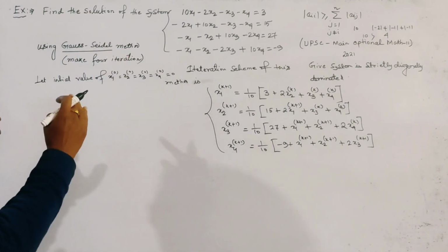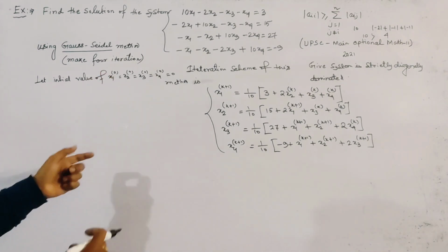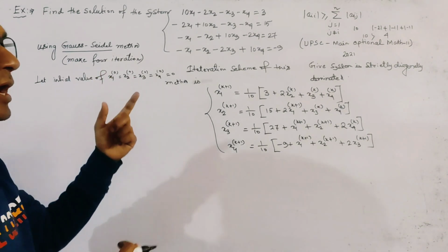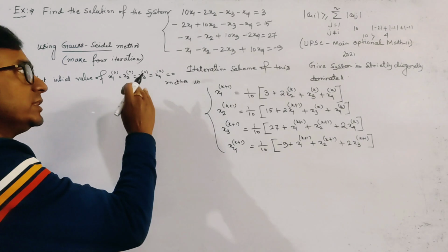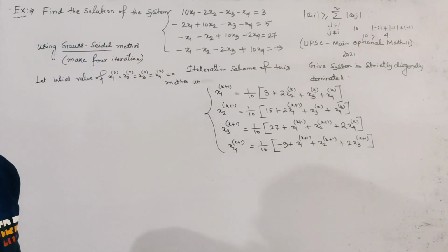Okay, and if the initial values are given, then we put the initial values, and if not given, then we take these all equal to 0.